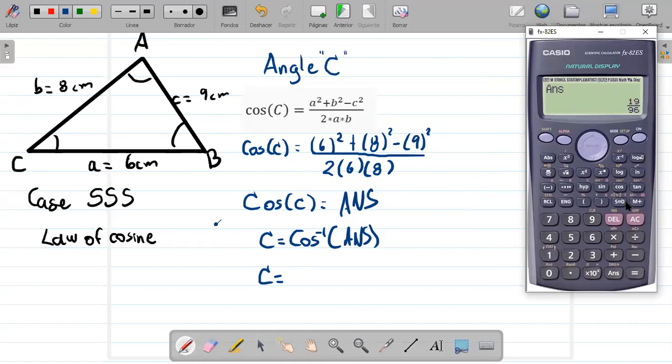As a fraction, no matter, it's still the same if you don't trust me. So it's cosine inverse of that answer, which will give us exactly, tell me. 78.58. Okay, 78.58.